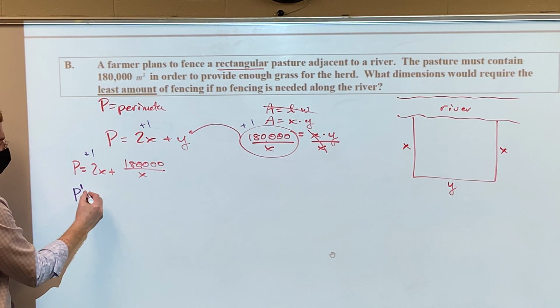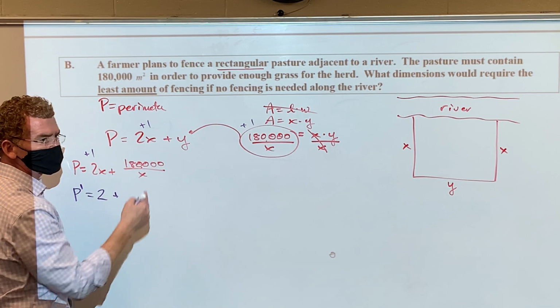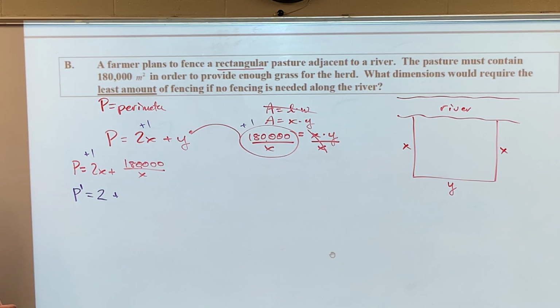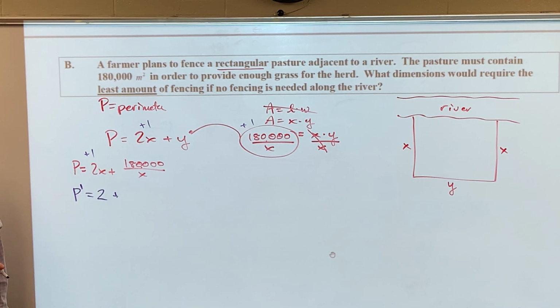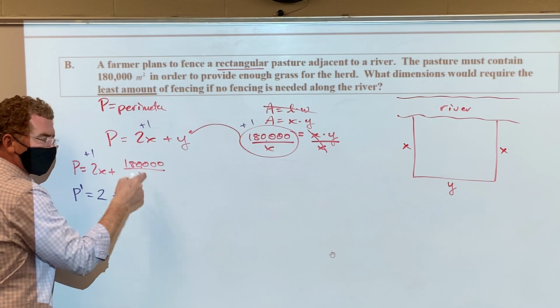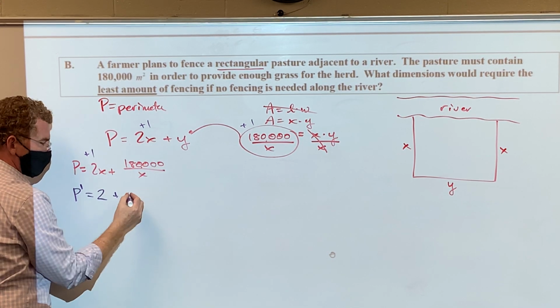So what is the derivative of 2x? 2. How do you take a derivative of a fraction? It's a negative. That's the power. Okay, if you want to treat it like an x to the negative 1 and do a power rule, great. If you want to do the quotient rule, check it out. What's low, d high? 0, so I'm not going to write anything.